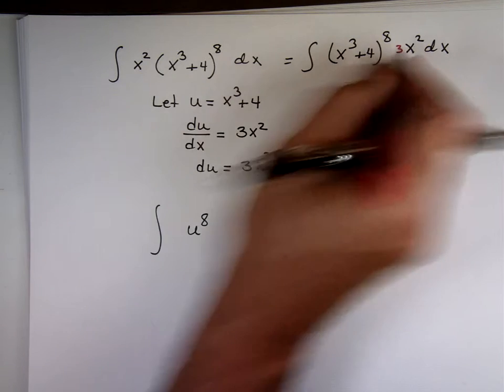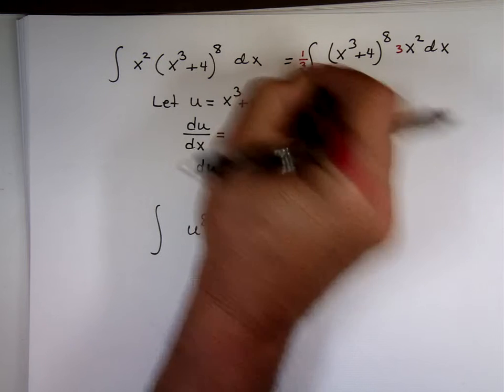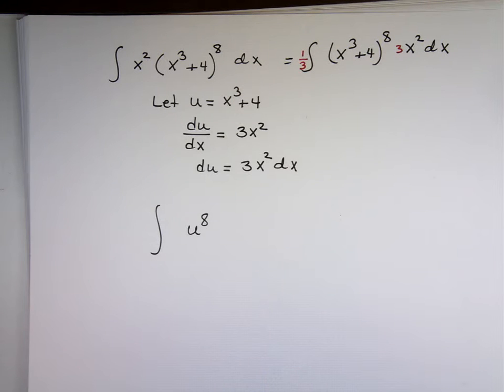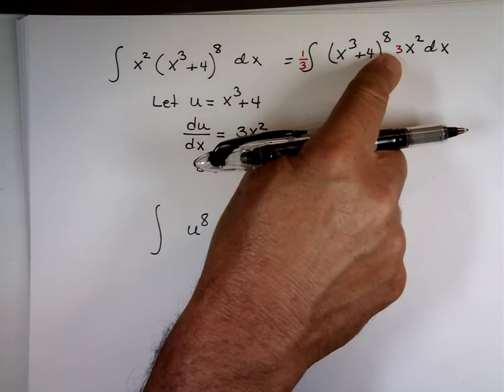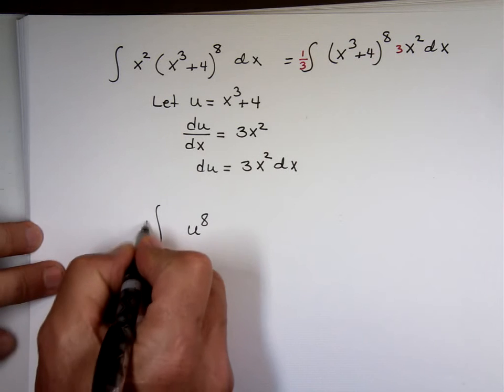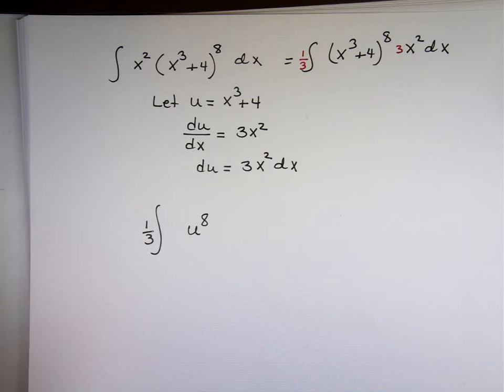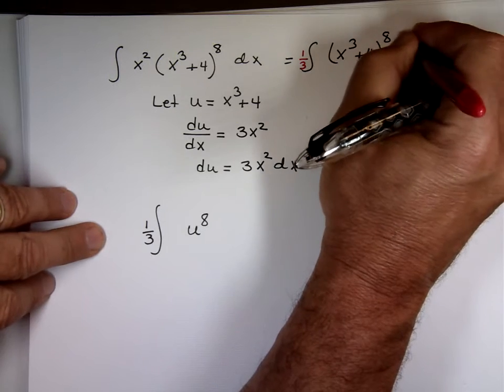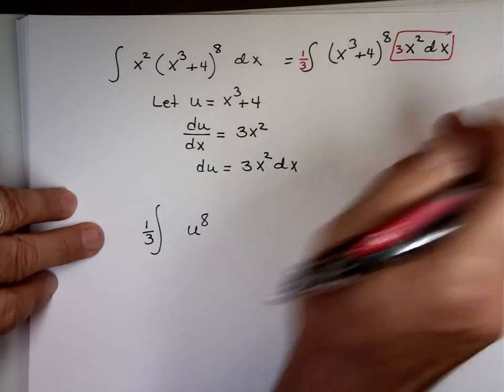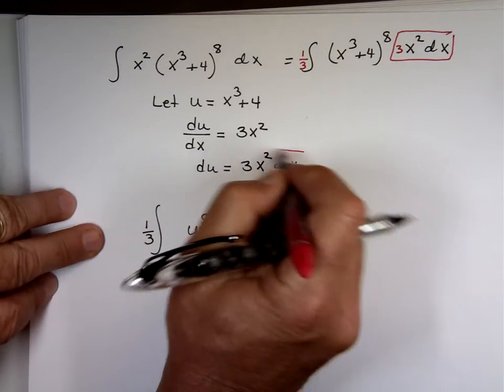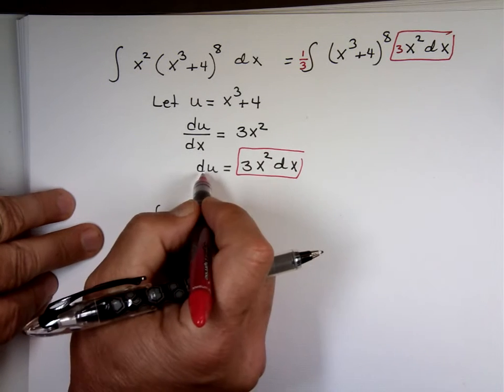Or multiply it by 3 and put a 1/3 in the front. Would that change anything? What's 1/3 times 3? That's a 1. So there's my 1/3 in the front. But by doing that, now what is this piece equal to? Isn't that equal to du? See it?